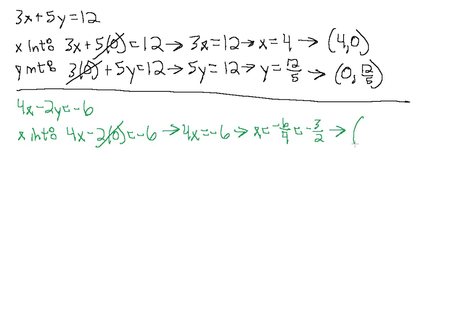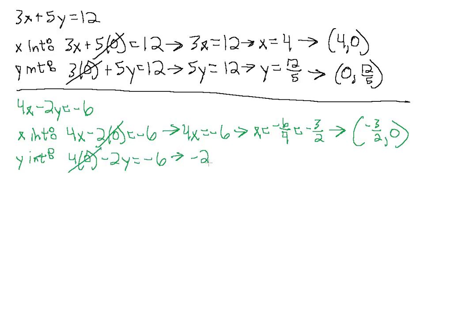So our x-intercept is minus 3 halves and 0. That's the point for our x-intercept. Let's find our y-intercept. We do this by plugging in 0 for x. So 4 times 0 minus 2y equals minus 6. 4 times 0 is 0.